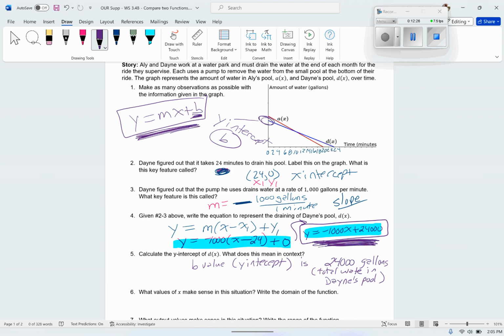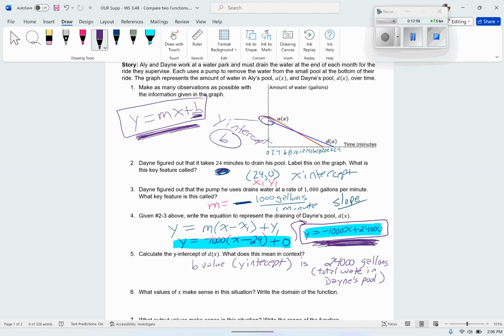We found that the x-intercept is (24, 0) for Dane, and that represents where the line crosses the x-axis. We figured out that he drains at 1,000 gallons per minute. We made it negative because we have a negative slope, because as I go to the right, it goes down. So we are losing 1,000 gallons per minute. That's a lot of water going out there. I hope you've got a good place to put that water.